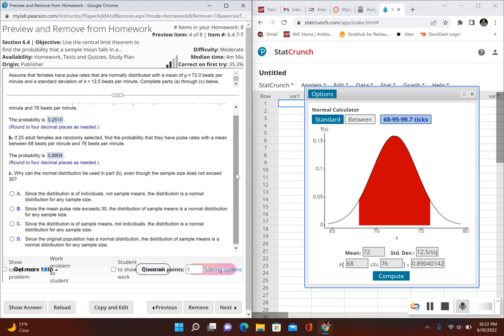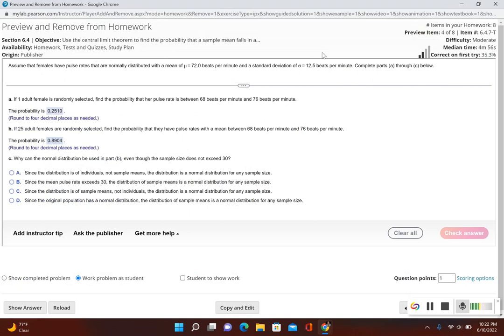Now part C, why can the normal distribution be used in part B? Let me just make this bigger. Why can the normal distribution be used in part B even though the sample size does not exceed 30? Now remember, the condition here is the original population has to be normally distributed, or the sample size has to be bigger than 30.